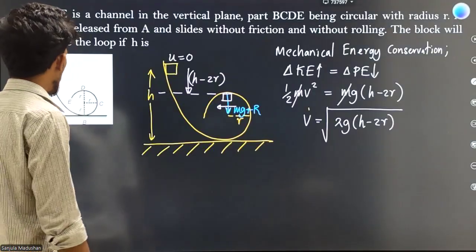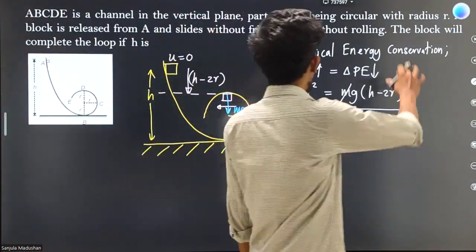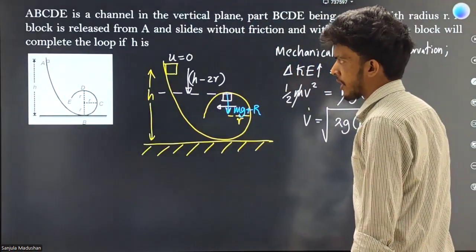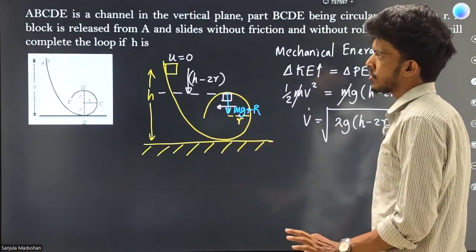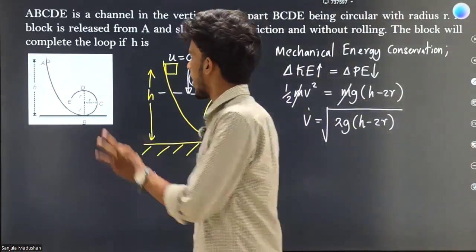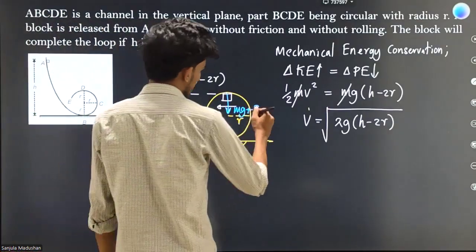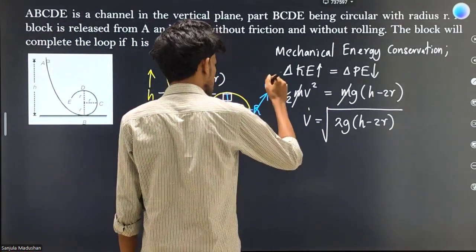But the question is, the block will complete the loop if h is... So we have to find the minimum condition so that this block completes its full loop. So I have to take this perpendicular reaction to 0.